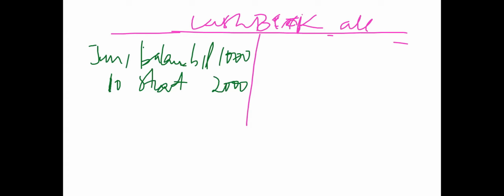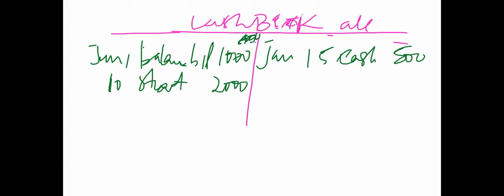So this one is going to be Stuart, maybe our customer, paid some 2,000 US dollars. Then we made a withdrawal on Jan 15th. We made a cash withdrawal of 500. Remember here I always told you to put the currency sign, and we are working in dollars.